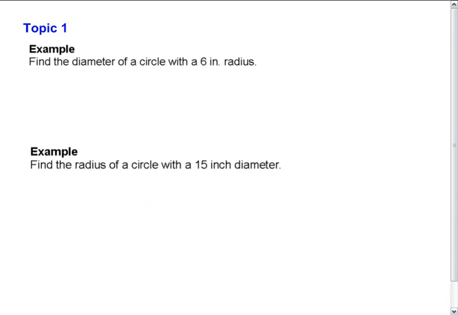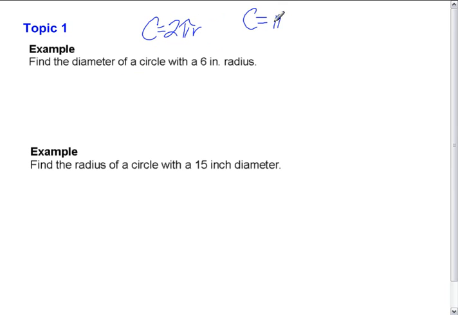So, time for some examples and to do some problems. Find the diameter of a circle with radius 6 inches. Find the diameter. There are two formulas for circumference. Circumference is equal to 2 pi r.